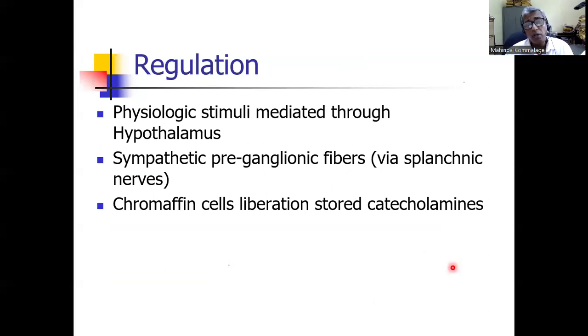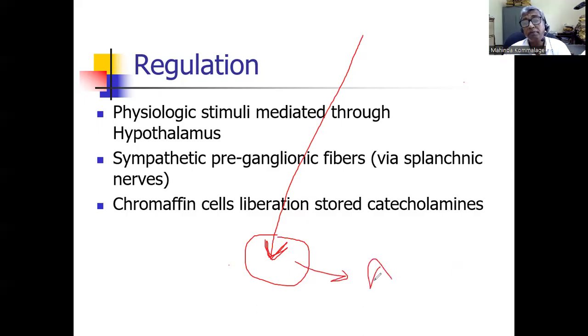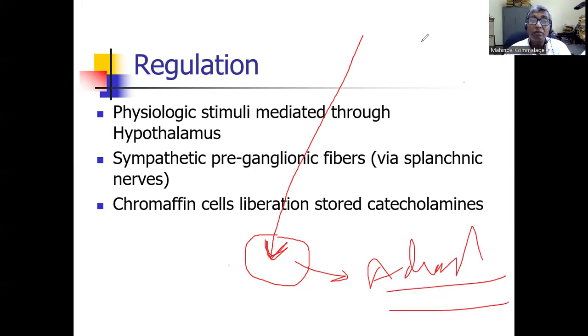Regulation, that is important. The sympathetic system directly regulates the adrenal medulla. Sometimes you forget that. Let's say this is the adrenal medulla. Directly from the brain, the sympathetic nerve supply acts on the adrenal medulla and secretes adrenaline, right?